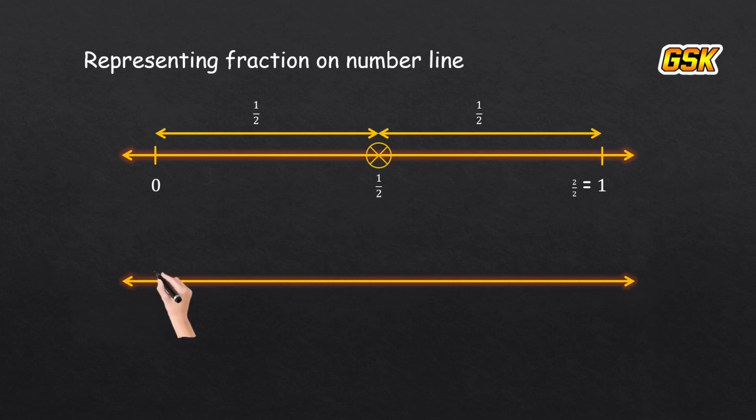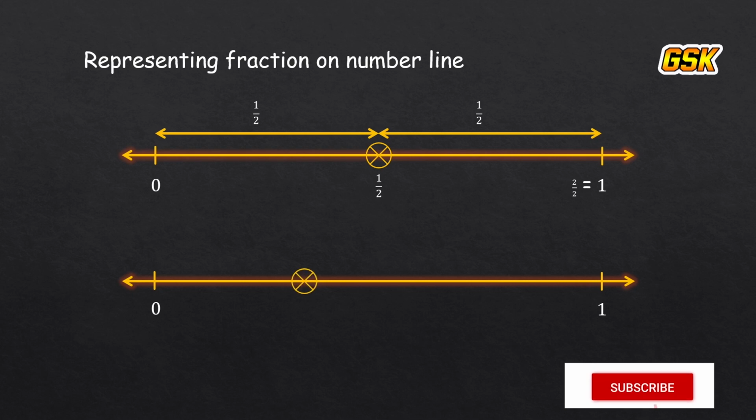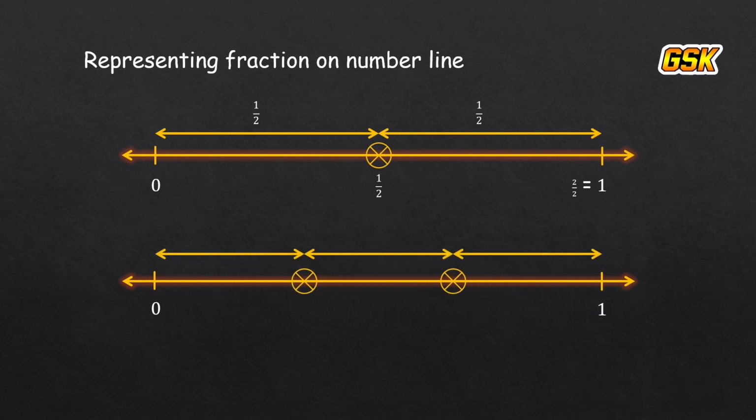Draw a line with 0 and 1. Now I divide this into 3 equal parts. Each part is 1 by 3, and the 2 points are 1 by 3 and 2 by 3. 3 by 3 is equal to 1.